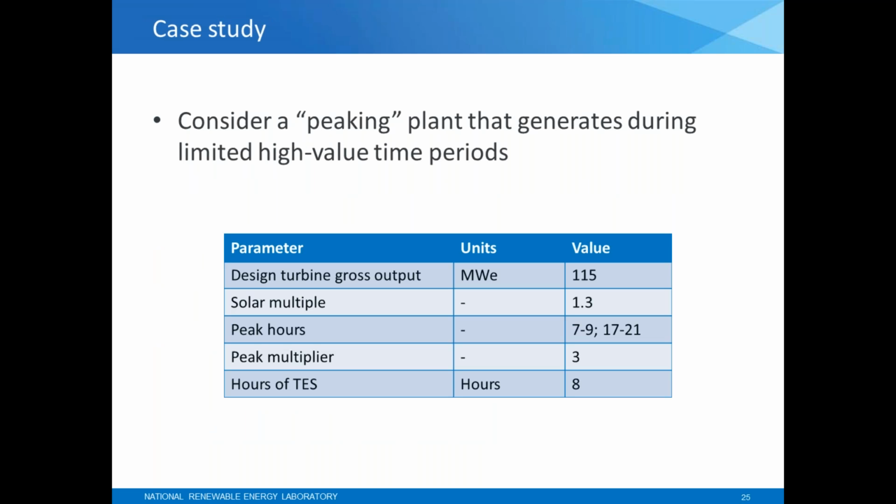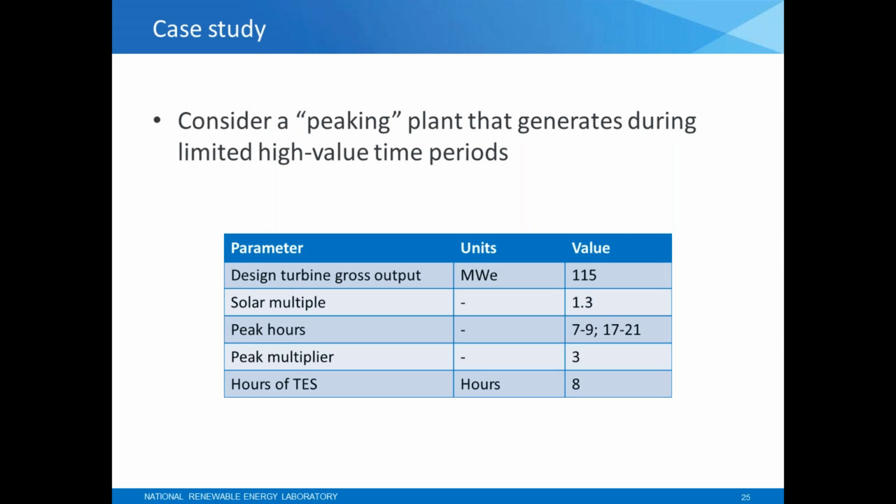Okay, so let's look at a case study. This case study will carry all the way through for the rest of the slides. So we start with the default SAM case and change or ensure that the following values are set correctly. First, the design turbine gross output. This one should be okay. We're looking at a 115 megawatt electric cycle.